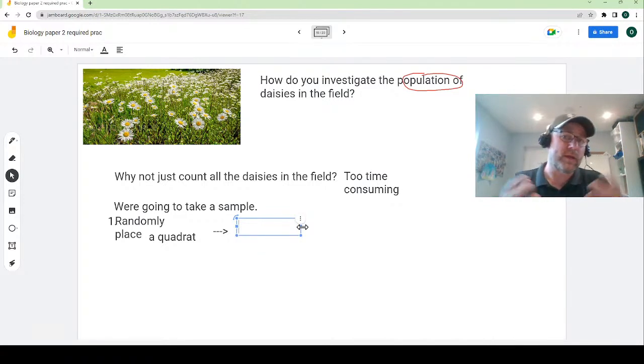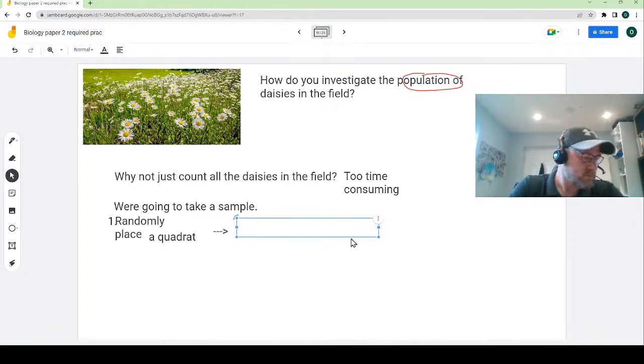You can say pull a number out of a hat, but what has a number got to do with where you put the Quadrat? So I'm using a random number generator and I get the number 6 on my calculator. How do I know where I'm going to place it? Just because you've randomly generated a number, how do we know where to place it? Yeah, so coordinates.